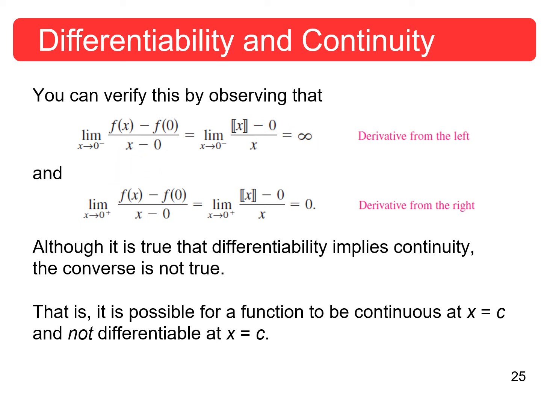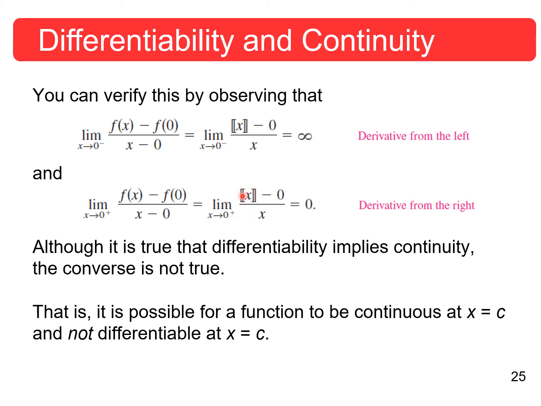Now for the derivative from the right, if you evaluate the limit here as x approaches 0 from the right, so we are now referring to the values of x that are approaching 0 coming from the right of 0. So those are positive values.